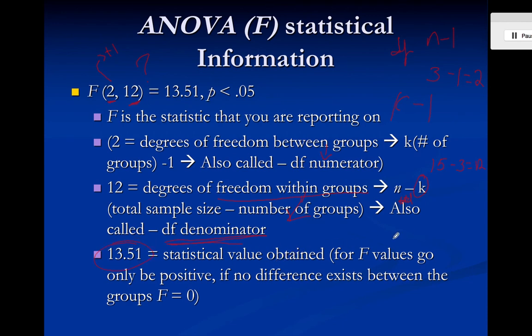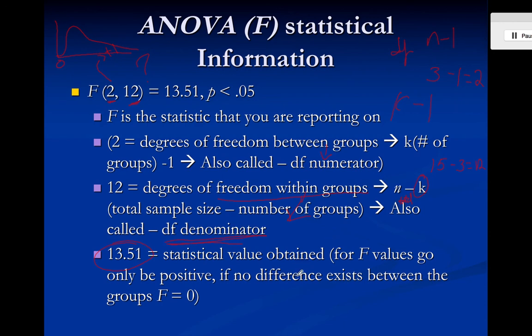F values can only be positive because remember, my distribution is positively skewed. In other words, the lowest value that I can have in my distribution is 0, but I can have positive values. I cannot have negative values for an F ratio.